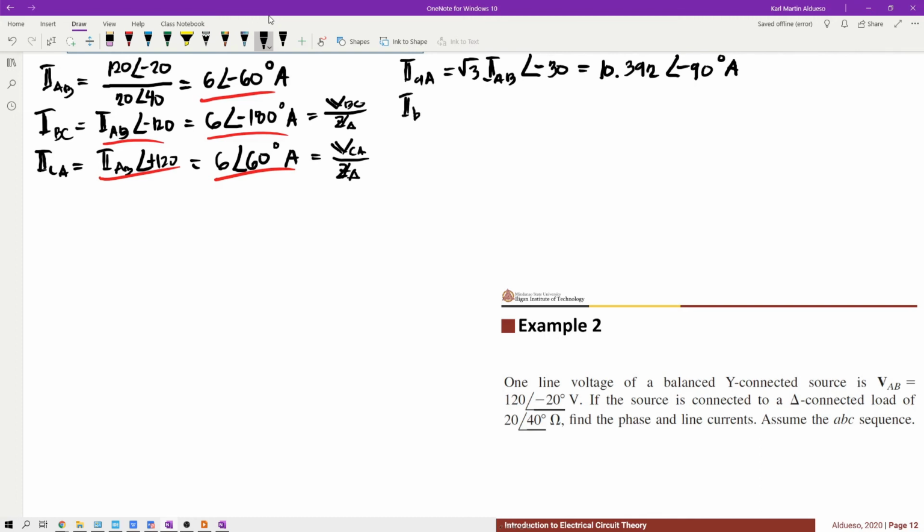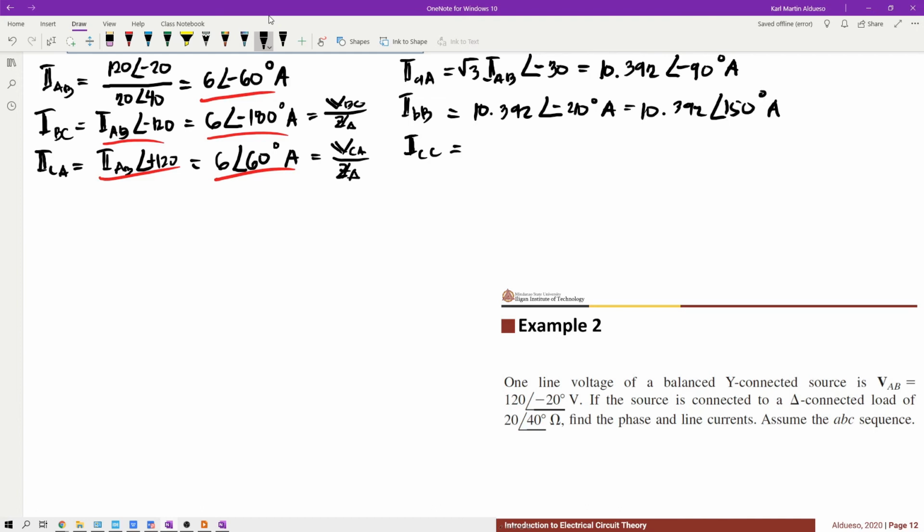So IBB is equivalent to this value, and then this is 120 degrees lagging from IAA. We have negative 210 amperes, which is equivalent to 10.392 angle of 150 degrees amperes.